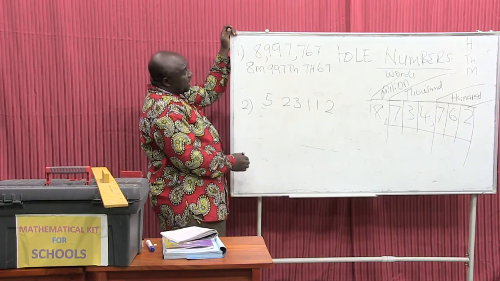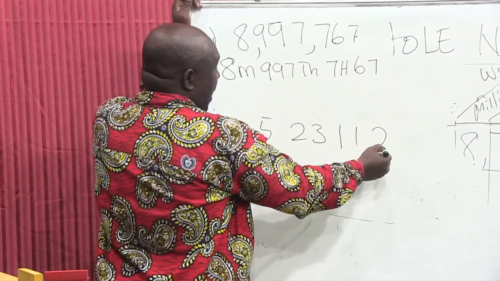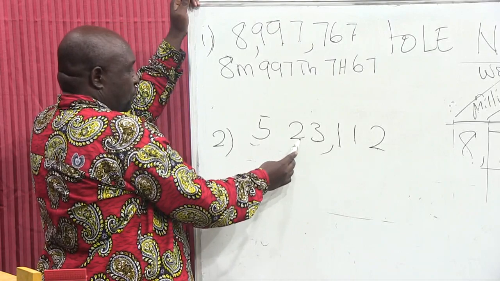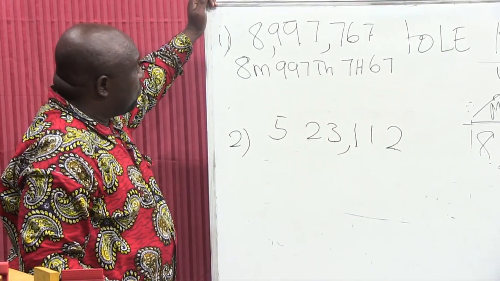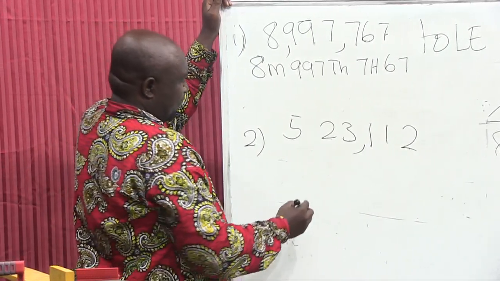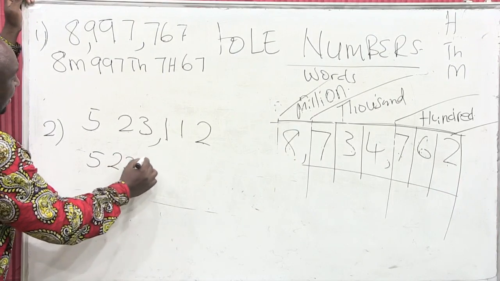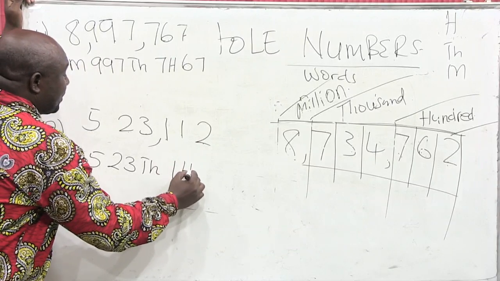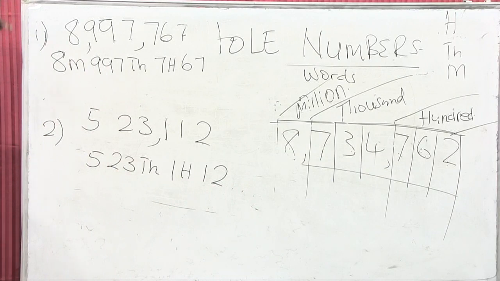The second one, from right to left. 1, 2, 3. 1, 2, 3. Okay. There are 2 periods. So 5, 2, 3, TH, 1, H, 1, 2. So how do you read this one?